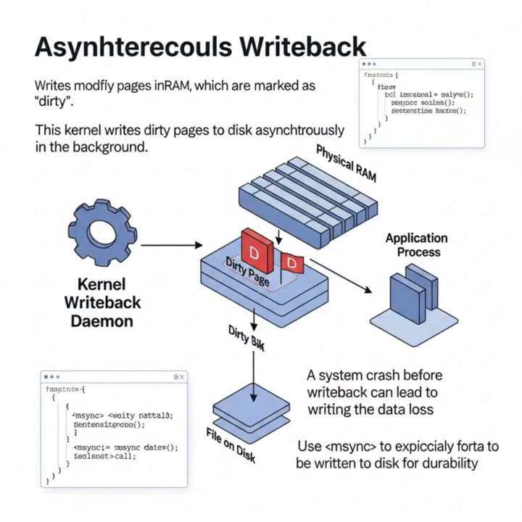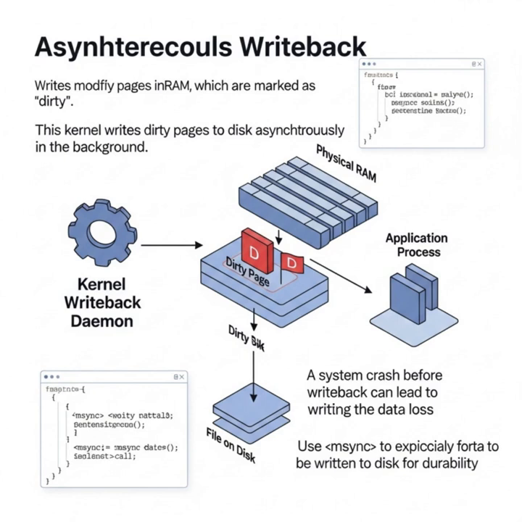We've seen how data gets into memory, but how does it get back to the disk? When your application writes to a memory-mapped region, it's just modifying a page in RAM. The CPU flags this page with a dirty bit in the page table entry. This is a signal to the kernel: this page's content in memory is newer than what's on disk. The write to disk doesn't happen immediately.